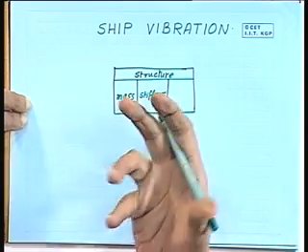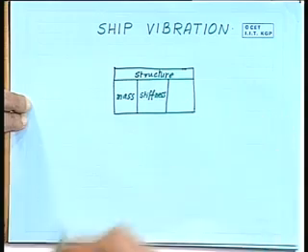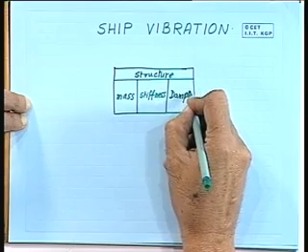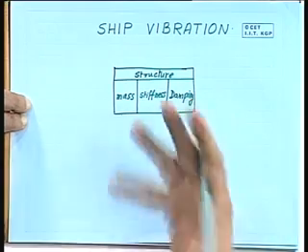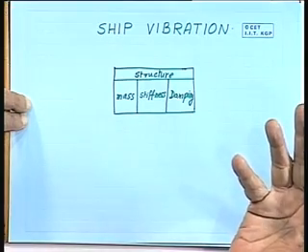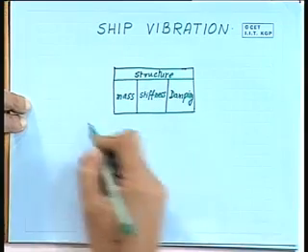Being elastic, it can absorb some energy, and being elastic, it has got to give away that energy, and what we say is the damping property. So these are the three properties of a particular structure which will define what the structure is, apart from its own geometry and other things.